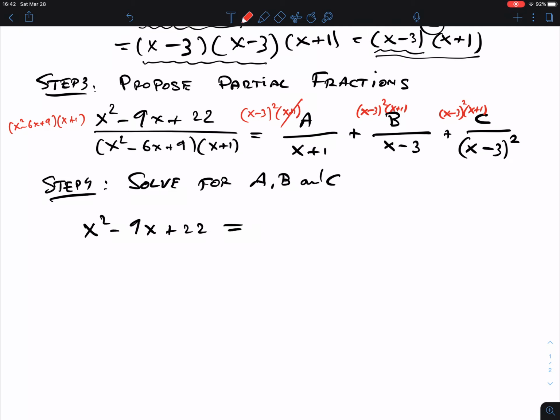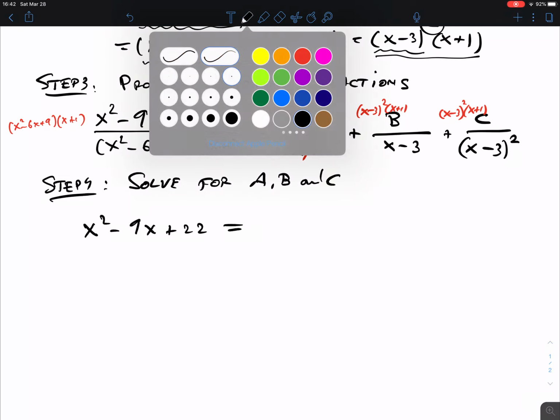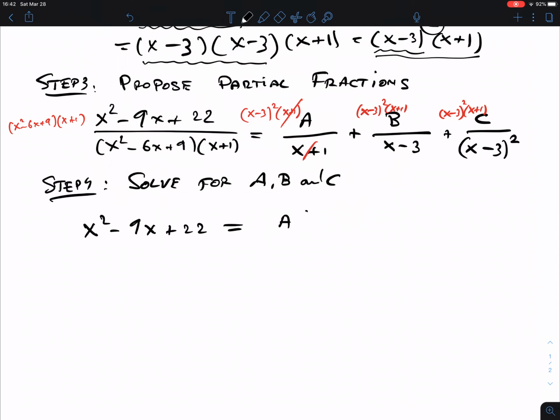So what we see, if x plus 1 and x plus 1 cancel, we would have A times x minus 3 squared left, plus B, what is left here? Well, one of the x minus 3 cancels, so we get x minus 3 times x plus 1. And then finally here, both of these cancel, so plus C times x plus 1. Okay, that was the first thing to do.